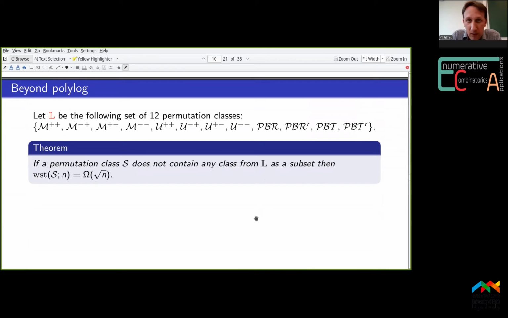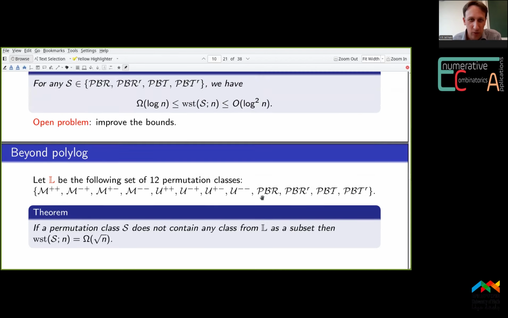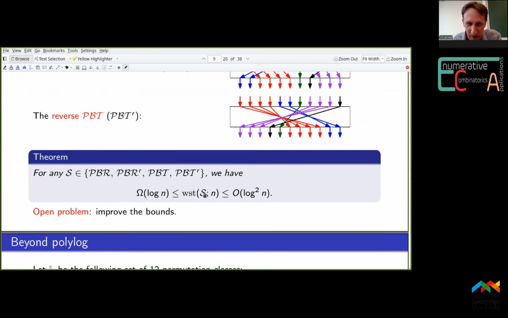Can I ask a question? Yes. So you didn't show that any function between log and log square could be achieved. Yes. I do not know. So it is perfectly possible that anything that satisfies these lower and upper bounds happens as a worst case sorting time of basically any of these four classes.